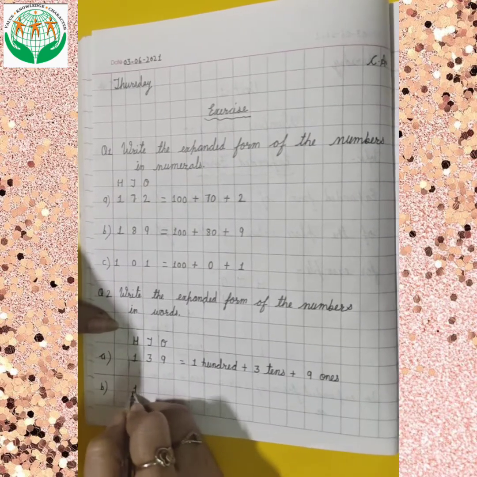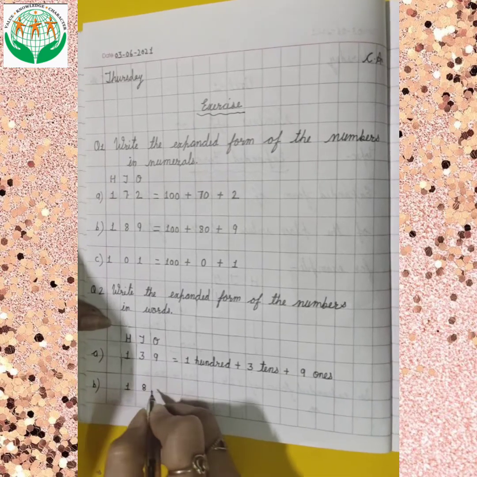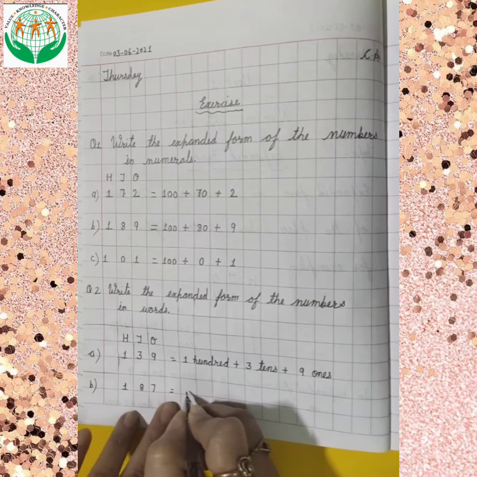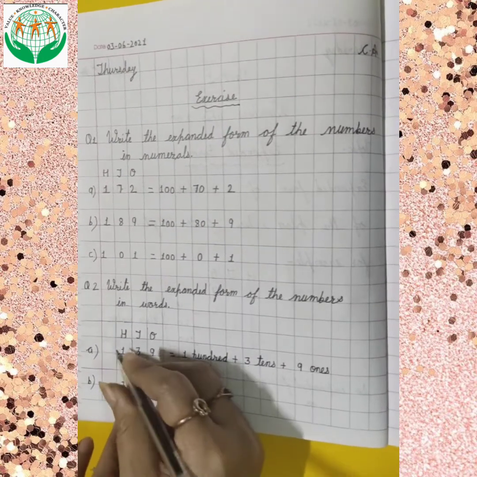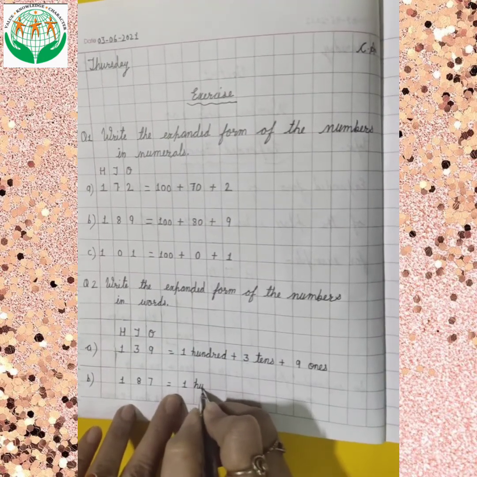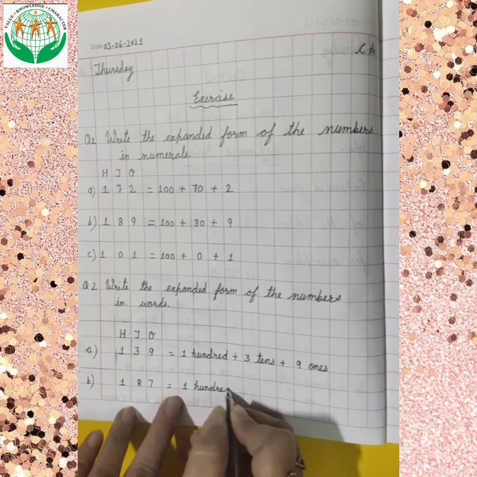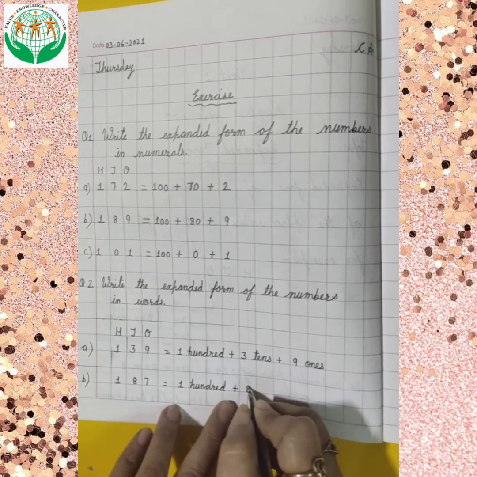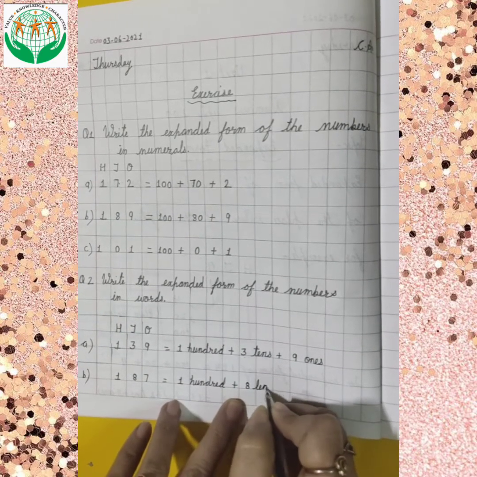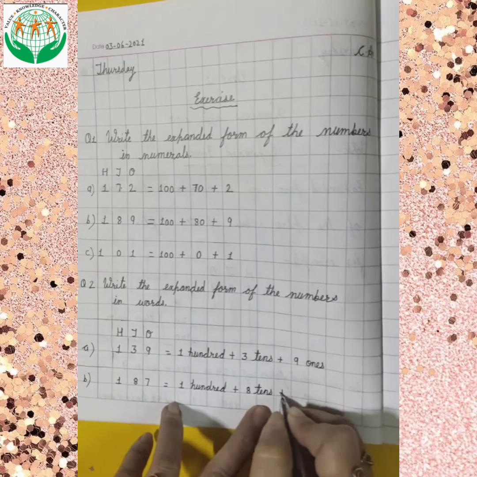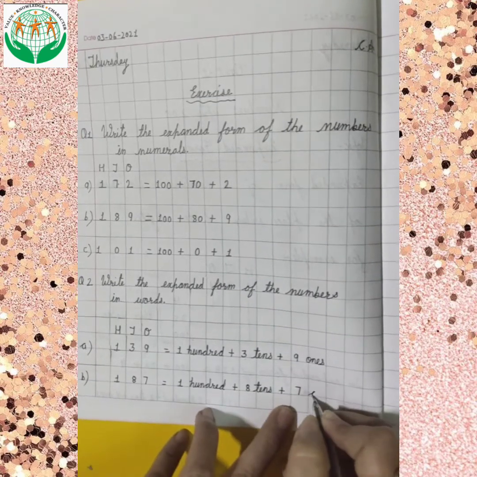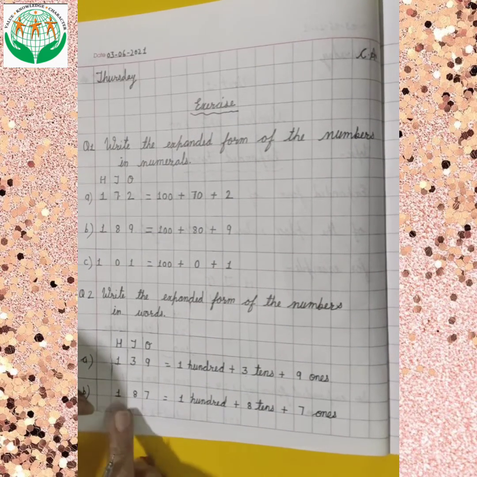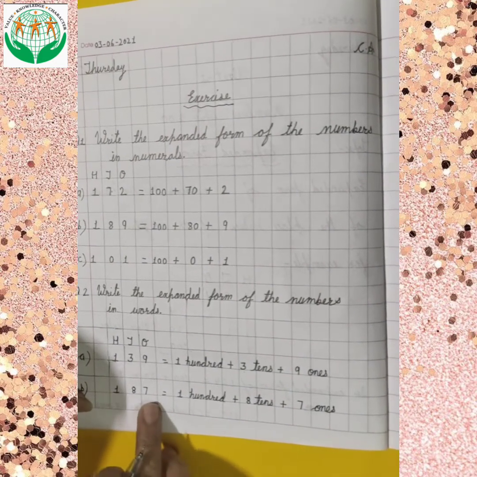The number is 187. So write down the expanded form, 100, in words: 100 plus 8 tens plus 7 ones. In words, 100, 8 tens, 7 ones.